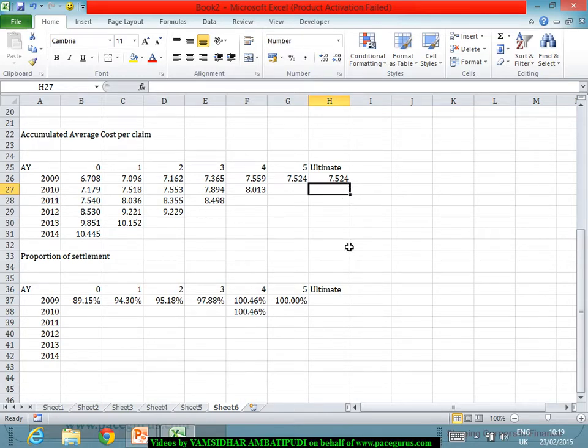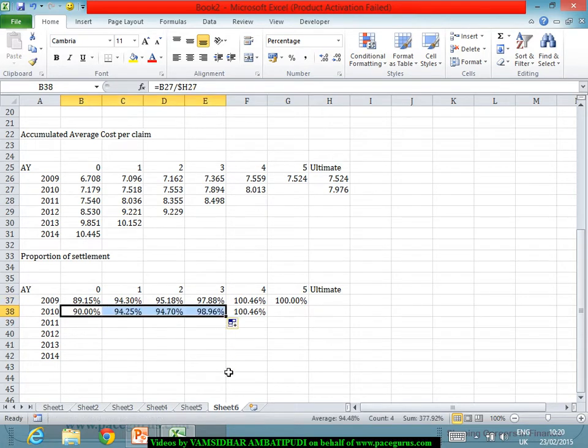I can find out, which works out to 8.013 divided by 100.46, which gives me 7.976. So this is the ultimate number for the year 2010, which means I can use this similar mechanism for 2010 as well.